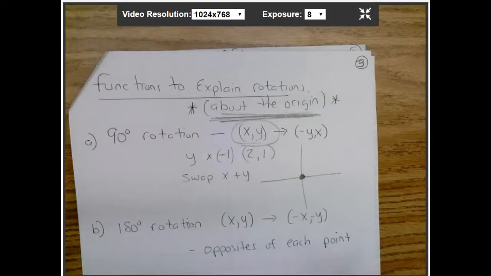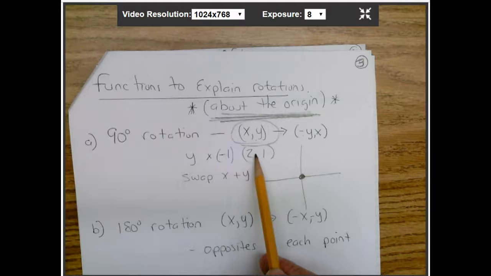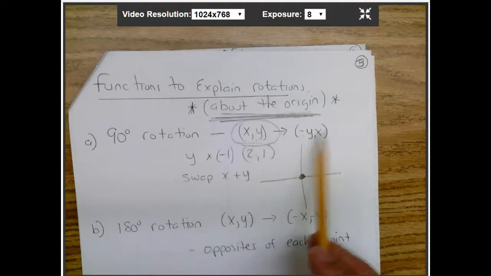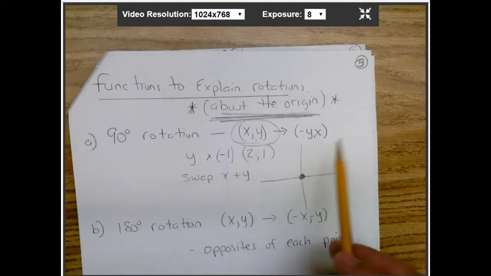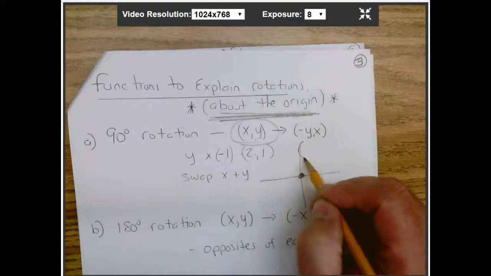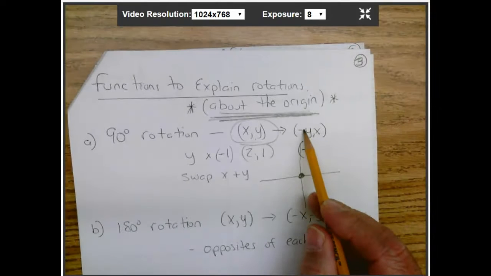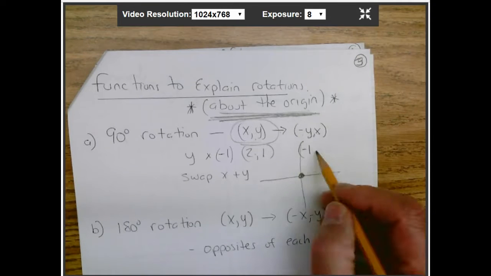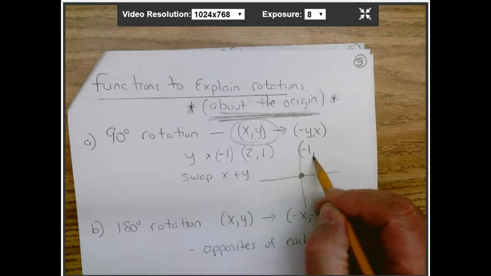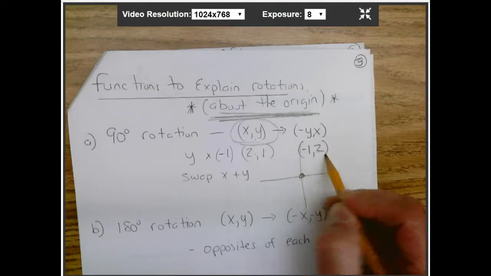To form the new x's and y's, you take whatever the point's y is, multiply it by -1, and it becomes the x point, and then the x point just takes the place of the y point. So here, the 1 would become the x, and it would be -1 because it's multiplied by -1, and then we just take the 2, and it would be right there.